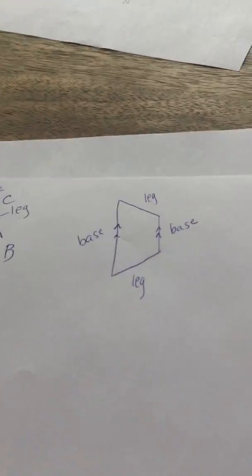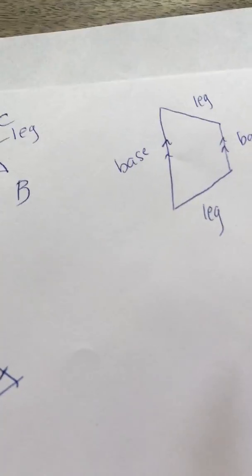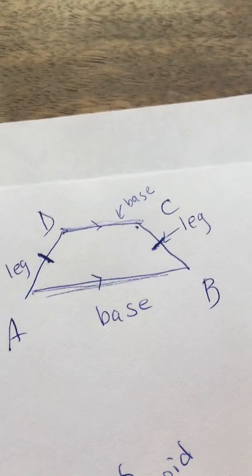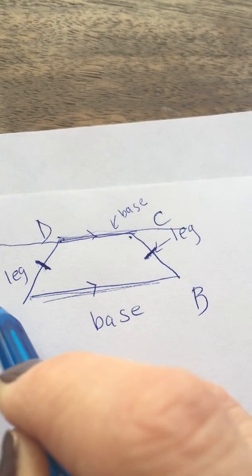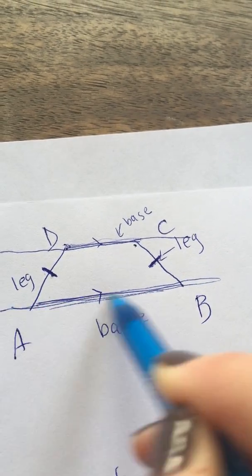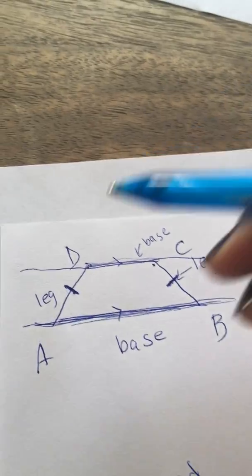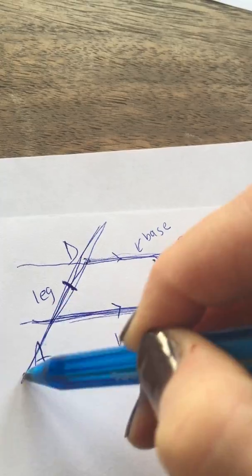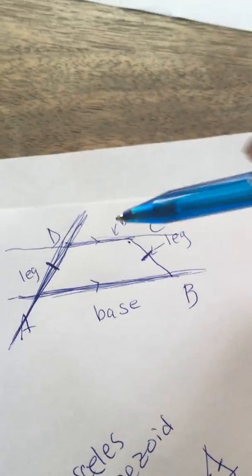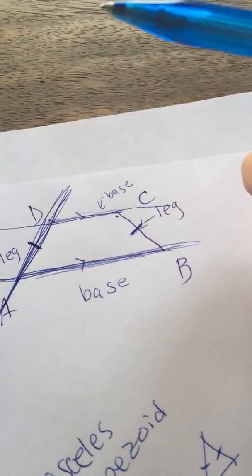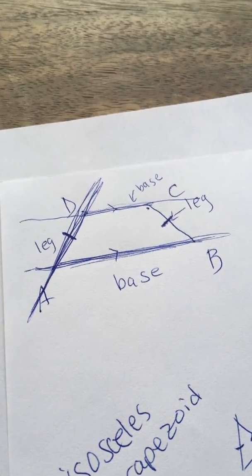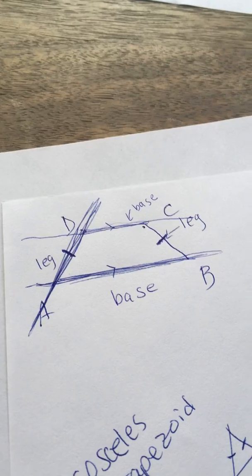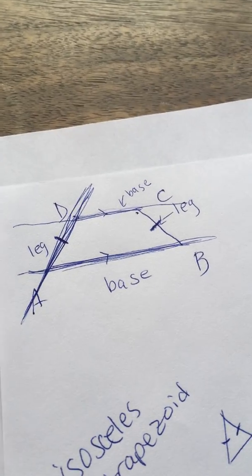Okay, one more thing about trapezoids. And this is good for any trapezoid. It doesn't have to be an isosceles one. You've got two parallel lines and a transversal that cuts through them. So remember from chapter 3 or chapter 4, anytime you have parallel lines, you need to think alternate interior angles, alternate exterior, corresponding, same side interior.